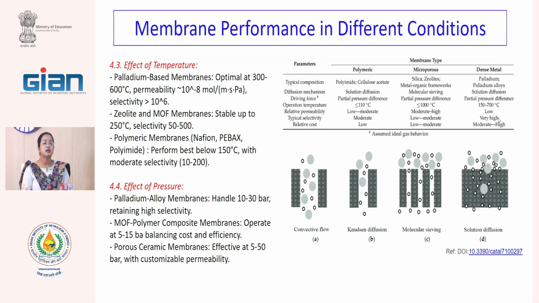But for pressure, inorganic membranes or inorganic alloy membranes can withstand very high pressure, up to 30 bar, without affecting the selectivity of the membrane. MOF based membranes or composite membranes also have lower pressure requirements. If you want to reduce the pressure requirement of your membrane, you can have a MOF polymeric composite membrane without compromising efficiency.